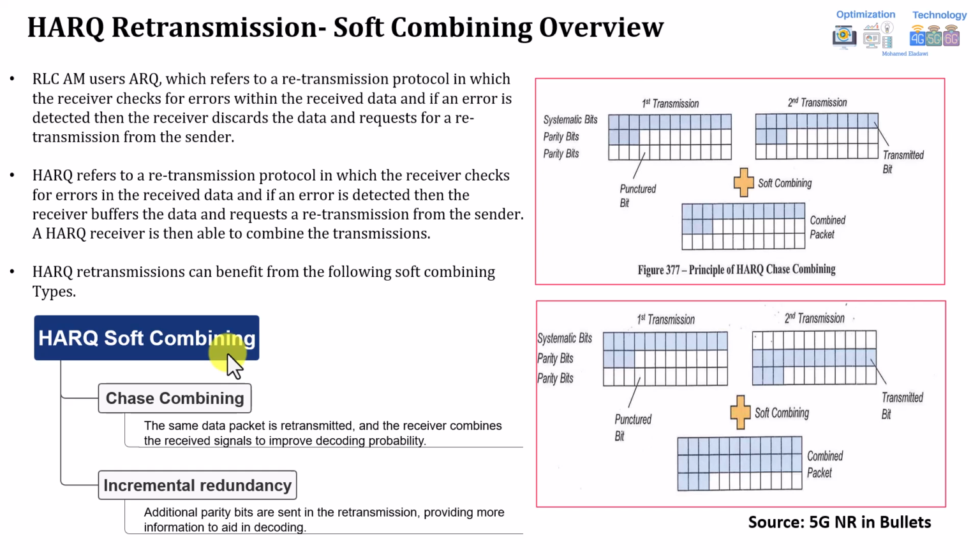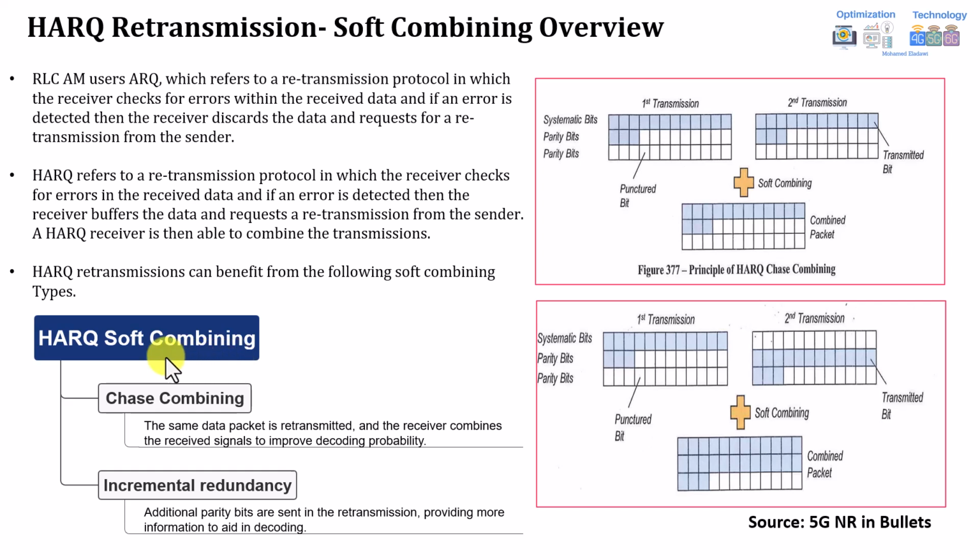Because one of the main questions people ask is, what is the use of retransmitting the data again and again? What do we gain if the user, let's say, is in a very bad radio condition and is not changing their place? What is the benefit of retransmitting? This is what we're going to explain for these two types of HARQ soft combining.